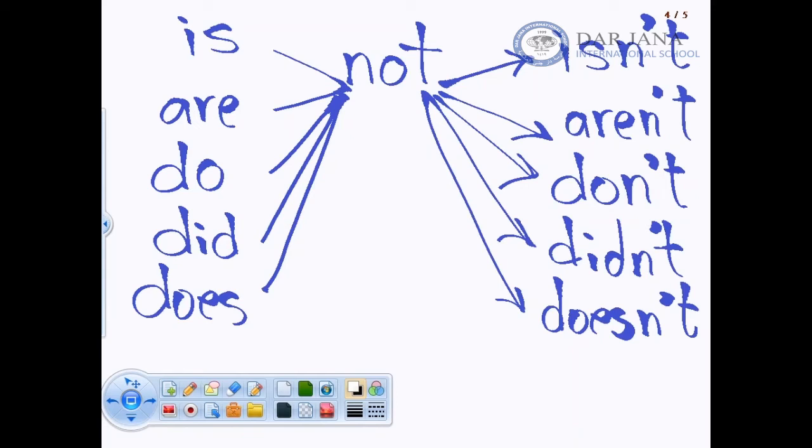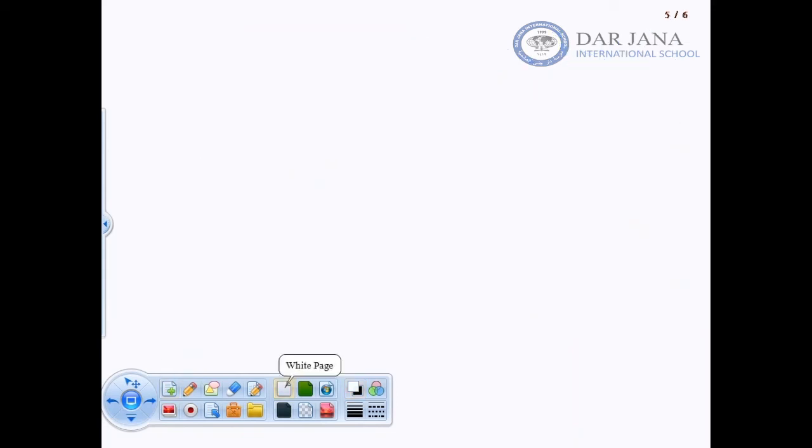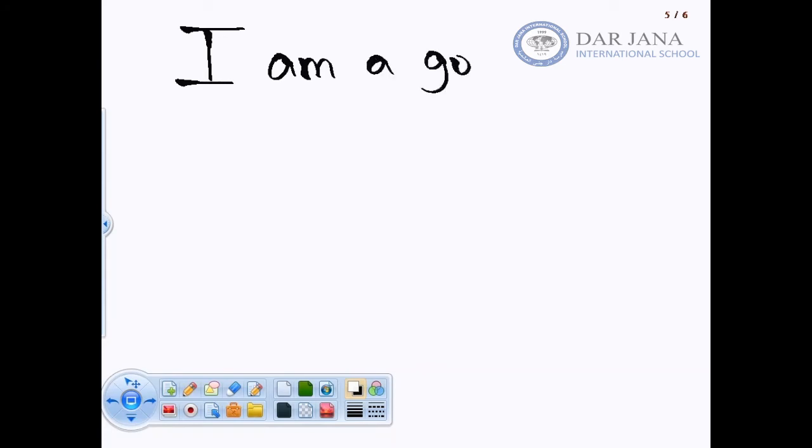Another example of contraction is the use of am. Usually we say, I am a good student.